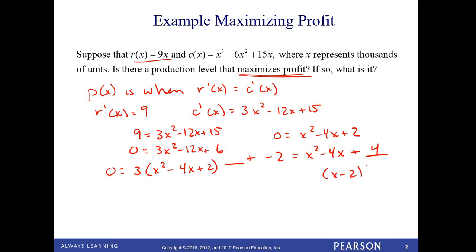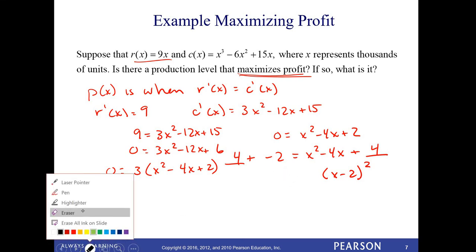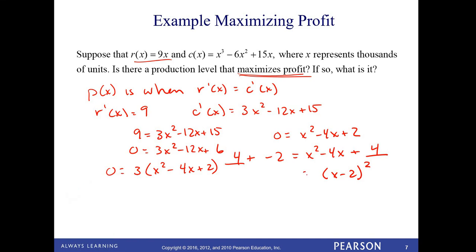So x minus 2 squared equals 2. Taking the square root of both sides and adding 2. So x is going to be 2 plus or minus root 2.